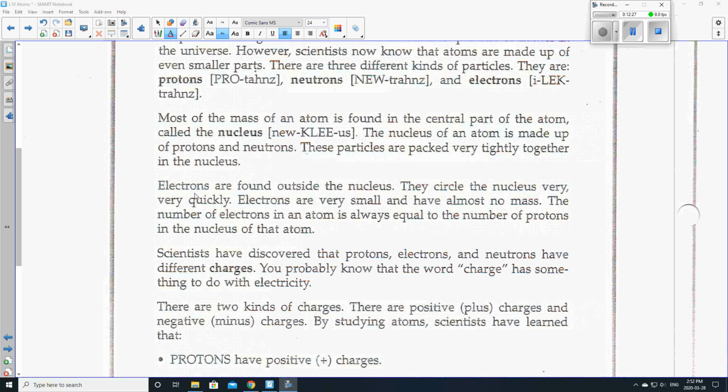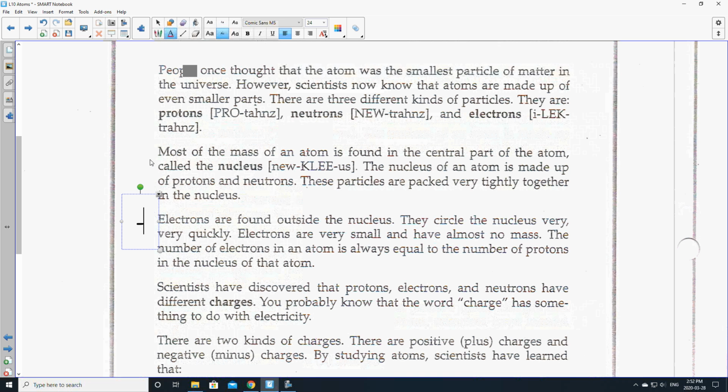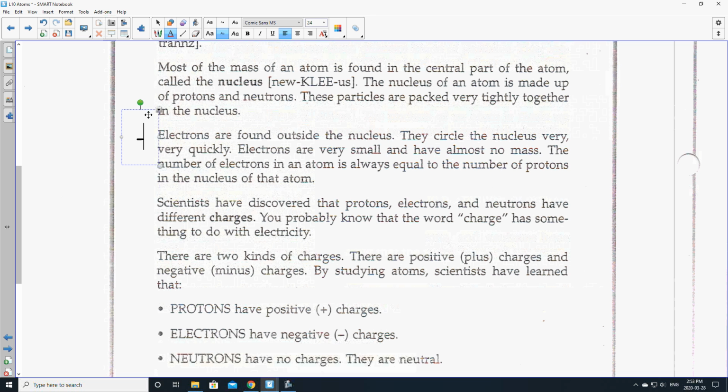Just remember that electrons are negatively charged, and protons are positive. Overall, the atom is neutral because the electrons and protons in the atom are equal in number.